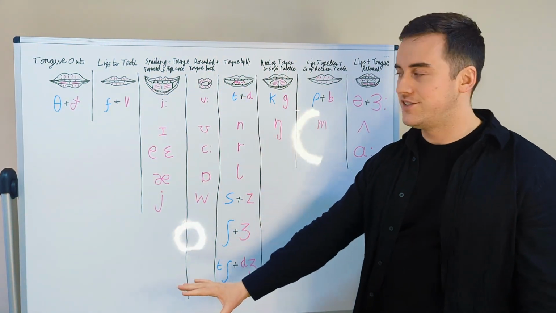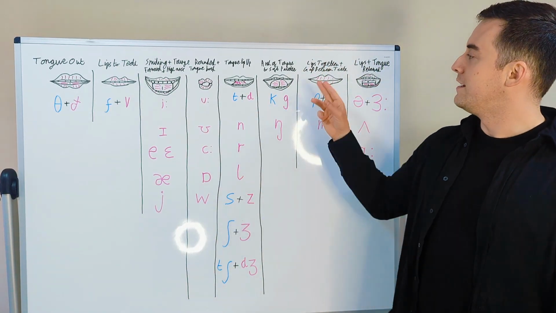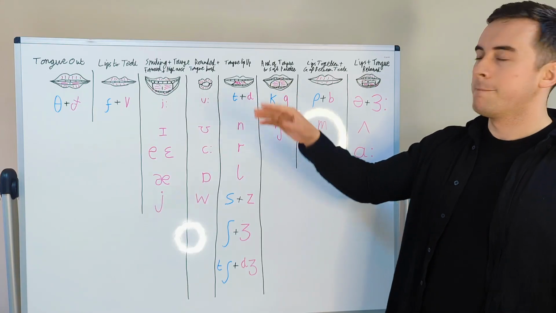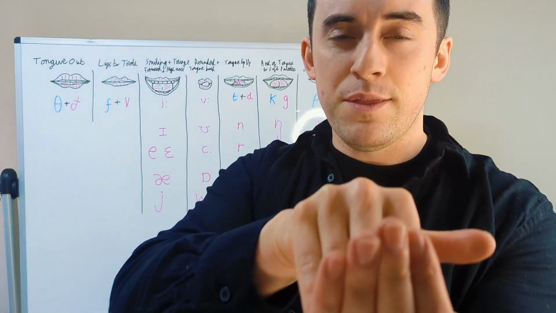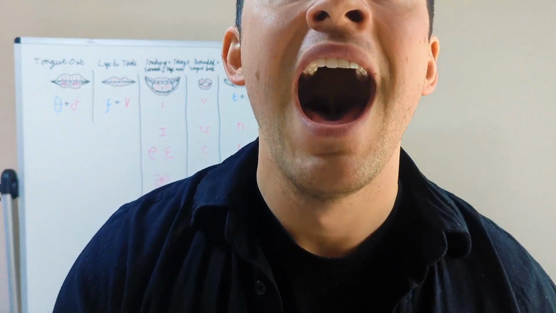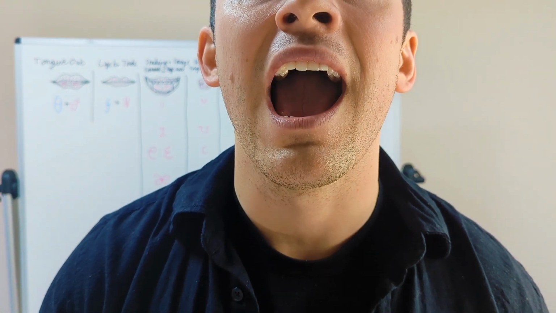Done. Hard part is over. That's the hard part. Now, easy peasy lemon squeezy. We got the tongue tip staying behind the bottom teeth, and the back of the tongue is going up to the soft palate. G, g.